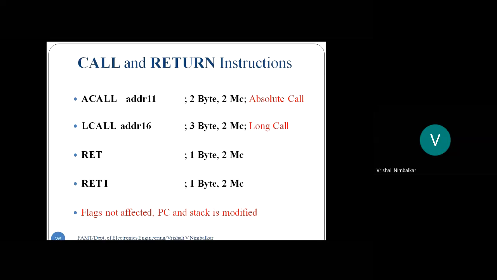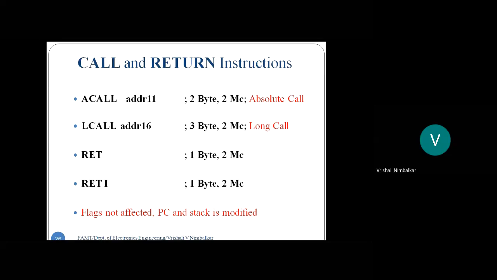Okay. Now, in high level language, that is C programming, Java, and all those, we call that a function, whereas in assembly programming, we call that a subroutine. That small program, we call it a subroutine or service routine.